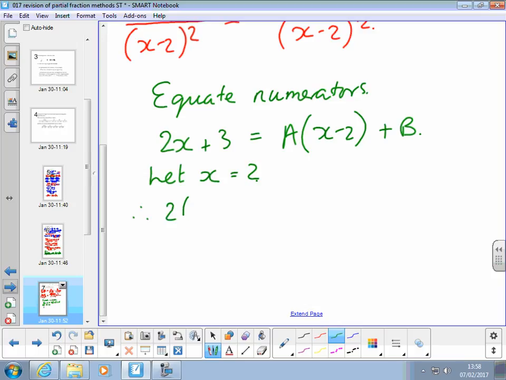Therefore 2 times 2 plus 3 is equal to, if x is 2, that bit is nothing, plus B. Therefore, B equals 7.